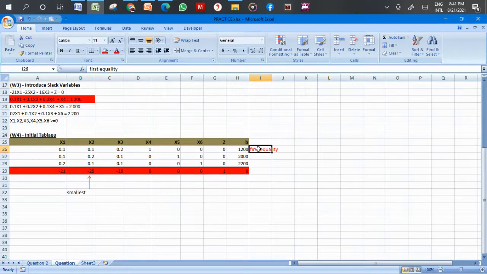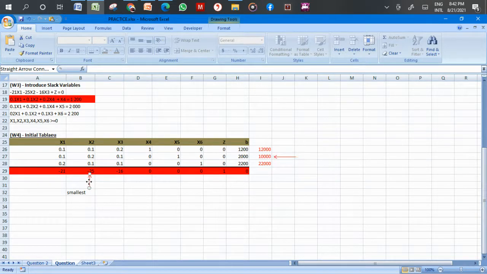Okay, so how do we identify the row with our pivot variable? We divide B by those numbers that are in the pivot column. So we find 12,000 here, we find 10,000 here, we find 22,000 here. Then we identify the smallest number. And our smallest number, as you can see, is 10,000.